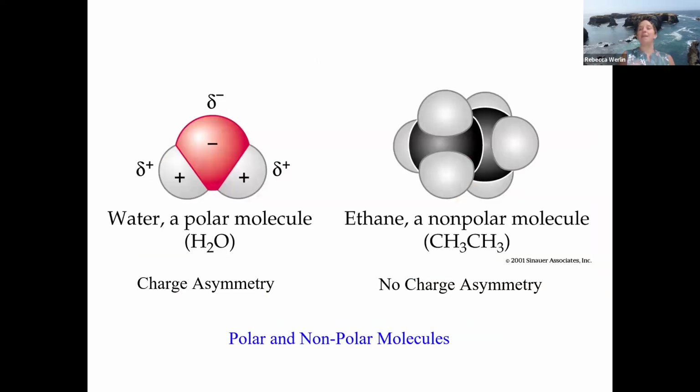And so water is a polar molecule made up of polar covalent bonds. But ethane is a nonpolar molecule. Now, one of my favorite lines is sharing is caring, and carbon believes in sharing is caring.